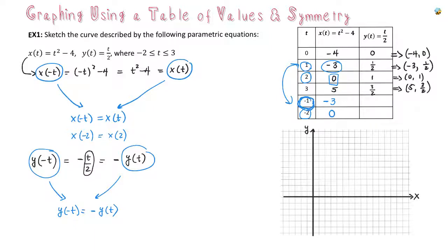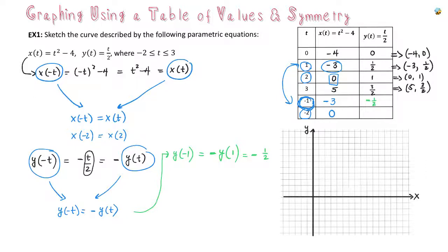With this in mind, I can now determine the corresponding y values for t equals negative 1 and t equals negative 2. Let's do t equals negative 1. I already know over here that y of negative 1 will be equal to minus y of 1. And what is y of 1? Y of 1 is equal to 1/2, so then negative 1/2. I'm going to put over here negative 1/2.